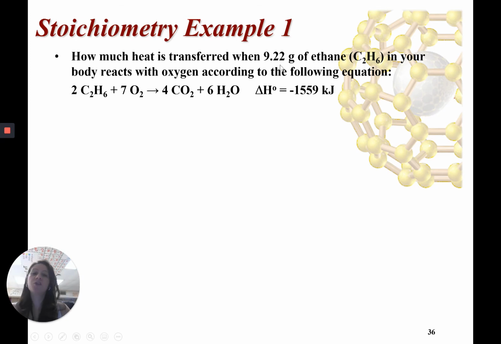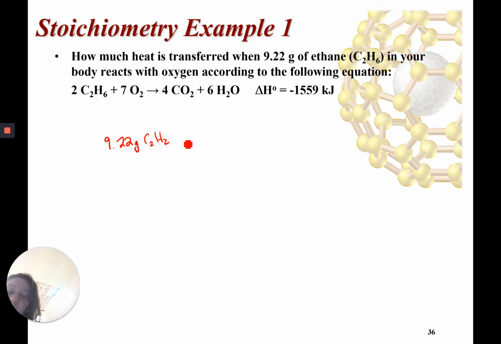So first, we're going to take our grams. We're given 9.22 grams of this ethane, and we're going to go ahead and convert that to moles. So we're going to put grams here. This is C2H6. Moles here.